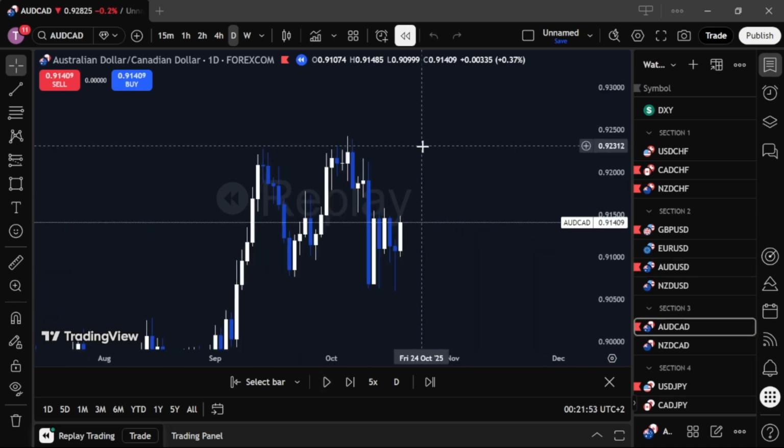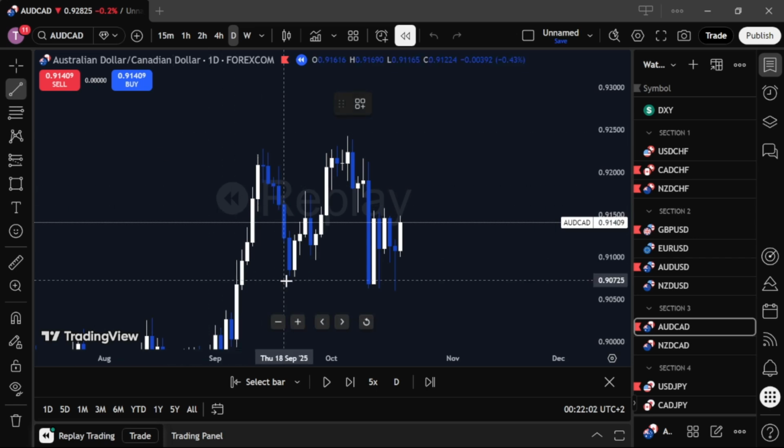Okay, the third trade, it was also triggered on the 29th of October, and it was also a sell. And the forex pair that I was trading was AUD CAD. My break of structure was here.